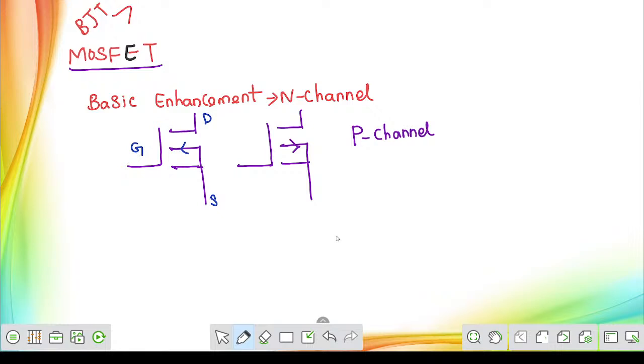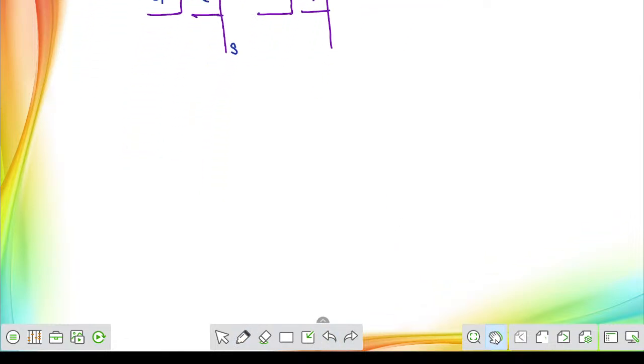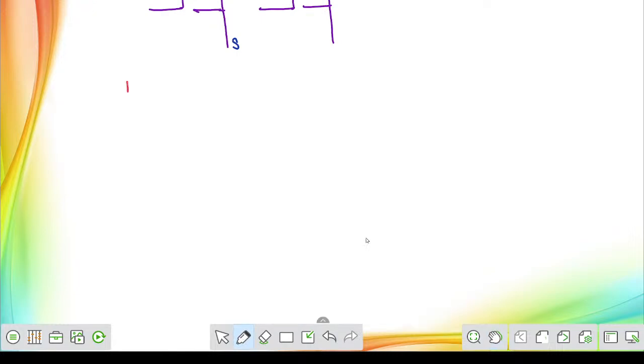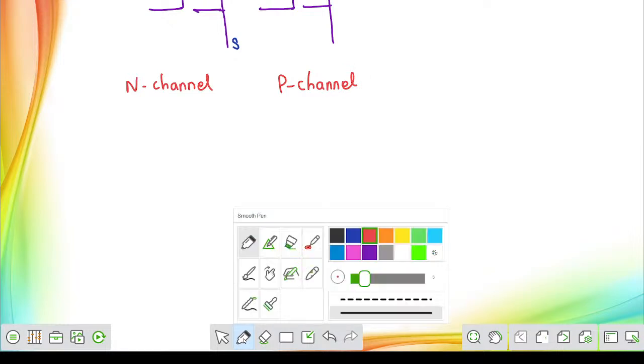And the next one is without bulk semiconductor. How do we represent the MOSFET symbols without the bulk semiconductor? There is another way. The same N channel and P channel can also be represented. Again, I will give the other way of representing N channel and P channel MOSFET, but this time you cannot observe the bulk nature of the semiconductor.